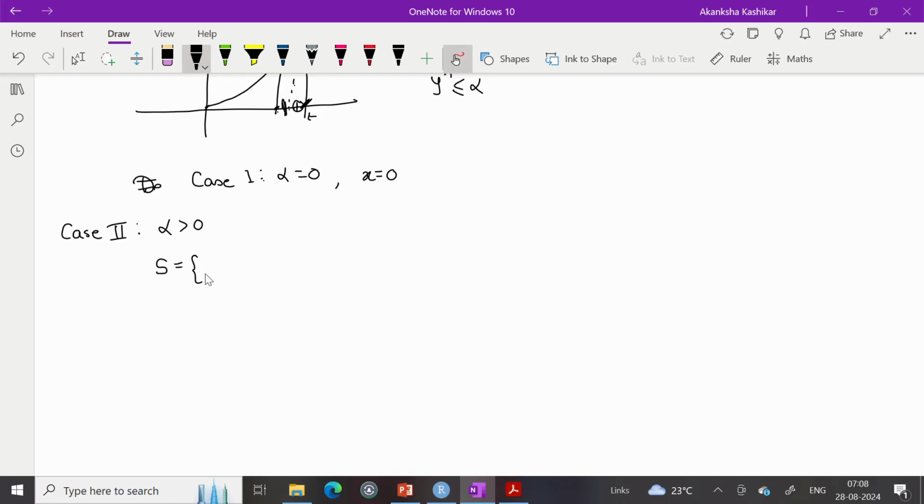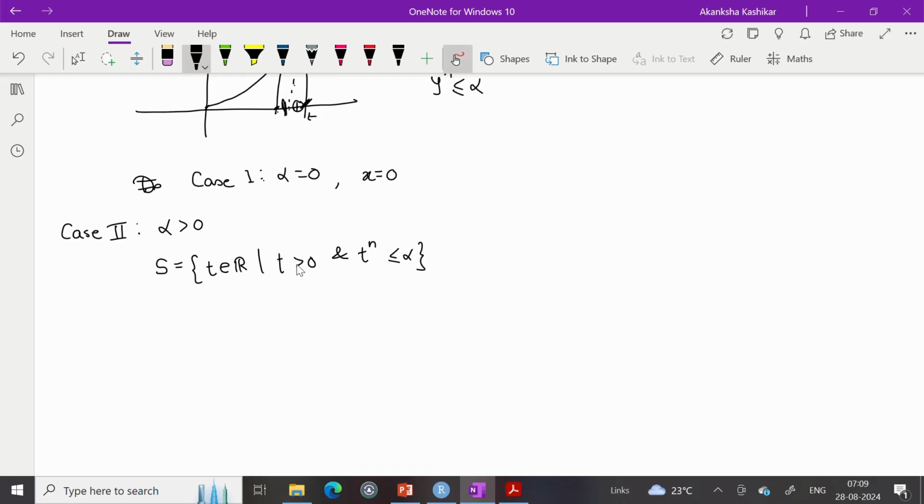Now define S as collection of all those real numbers t such that t is greater than or equal to 0 and t raised to n is less than or equal to alpha. Okay, t is non-negative and t raised to n is less than or equal to alpha.